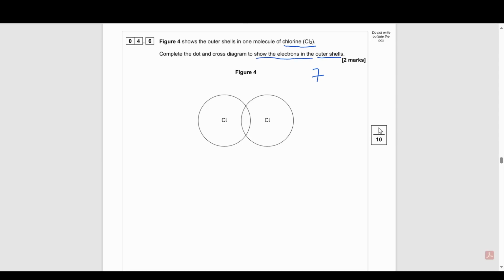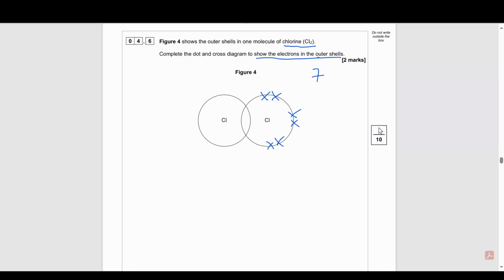So for chlorine, if it has 7 electrons in the outer shell, we want to show that. So it's 1, 2, 3, 4, 5, 6. And our 7th one would need to be in the middle because we are sharing electrons with this other chlorine atom. Why do we need to share?